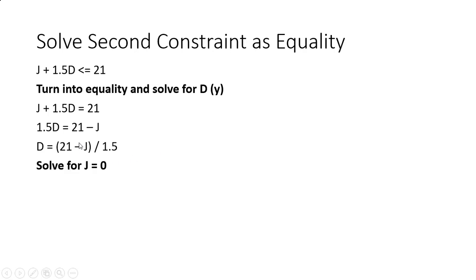So just like before, we're going to solve for j equals 0 to find our first point. So we have D equals 21 minus 0 divided by 1.5. So we get the answer 14. So our first point is 0, 14.